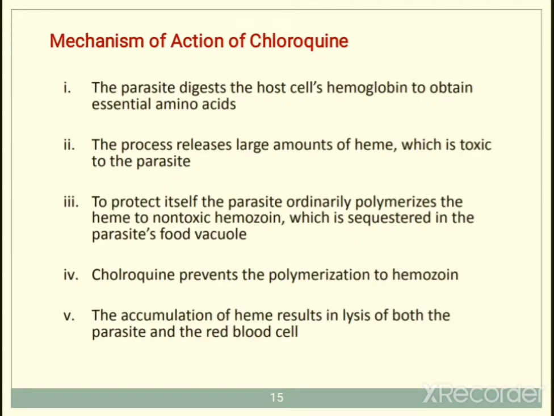Further, the statement given over here says the parasite digests the host cell's hemoglobin to obtain essential amino acids. Already I have discussed that hemoglobin is required for their growth, for their essential amino acids. The process releases a large amount of heme, which is toxic. So to protect itself, the parasite polymerizes the heme by the heme polymerase enzyme and converts it into hemozoin, which is the non-toxic form, and sequesters it into the parasite food vacuole.